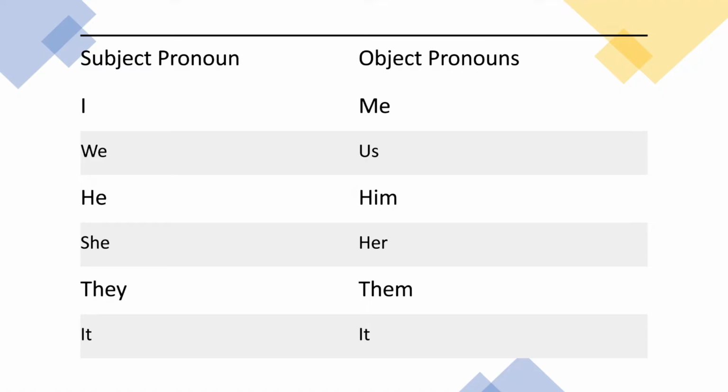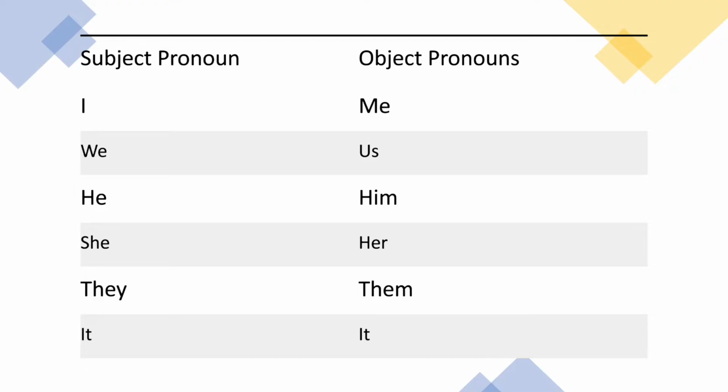The subject pronoun for a group of people is we, and the object pronoun for a group of people, including me, is us. For a singular man, the subject is he. Usually, the object pronoun is him.